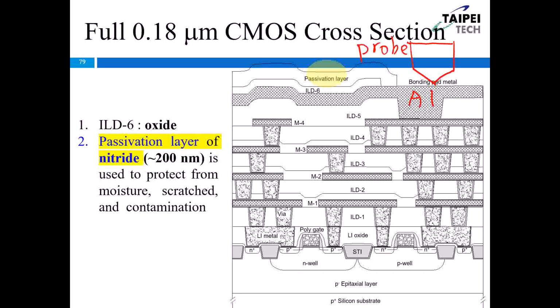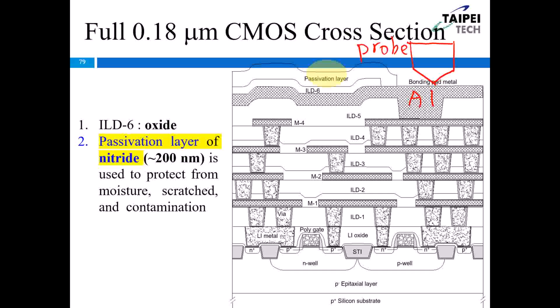And this is the final test, after we finish all of the semiconductor processing for the chip. The bonding pad is just like the electrode here. 这是我们探针下针的地方, okay?